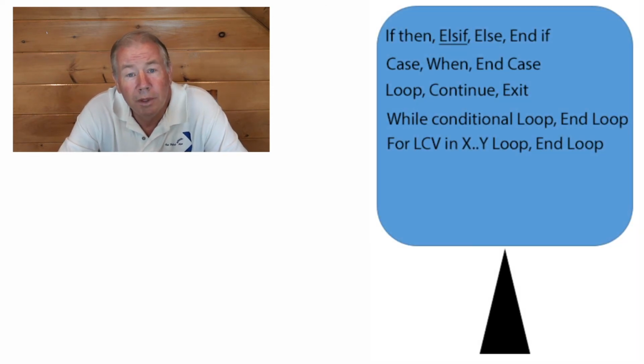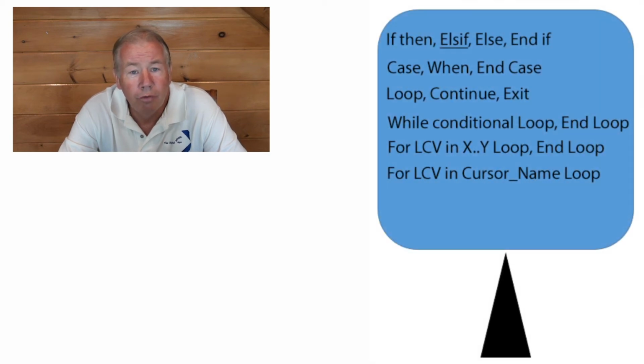Speaking of for loops, that was our next flow control structure. We began with an explicit range for loop control variable in x dot dot y loop, and then the loop contents. Very common stuff.